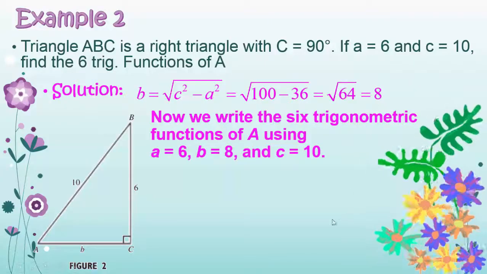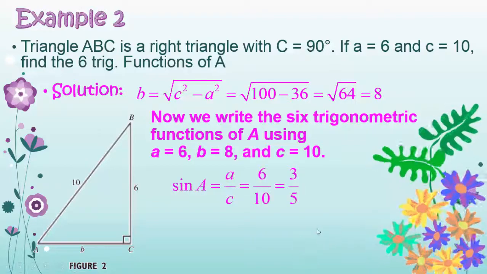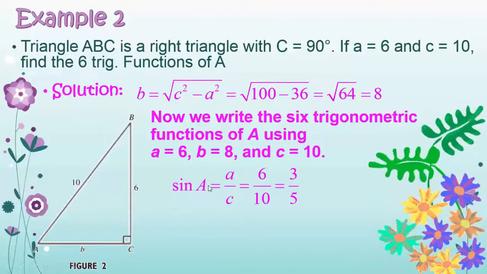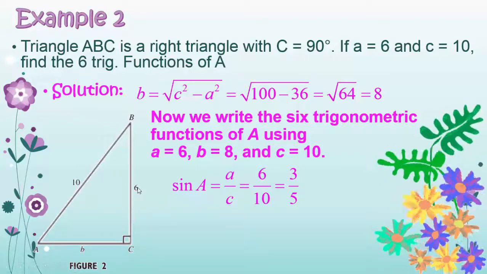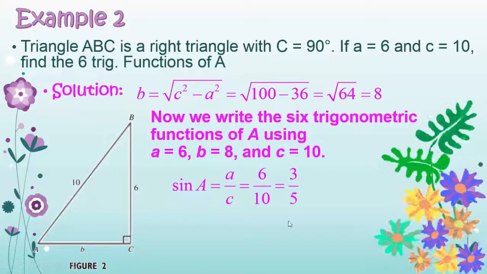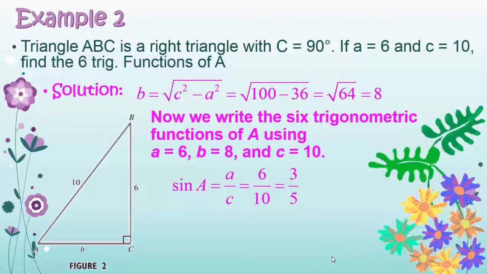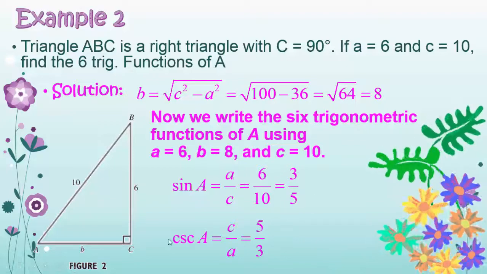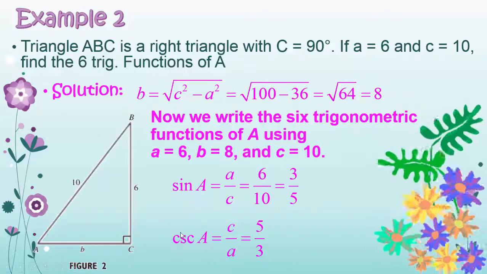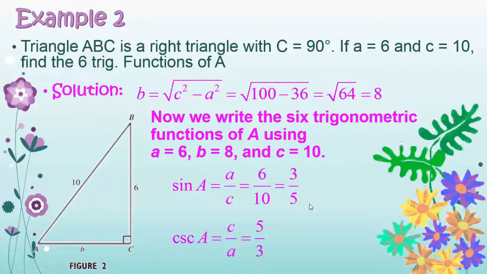So now we're going to look for the trigonometric functions. I'll do the first one completely: the sine of A, as we said, is going to be opposite over hypotenuse, so that's 6 over 10, and then I'll reduce it to 3 over 5 just for the heck of it. And if we're going to do its inverse, its reciprocal is cosecant A, and all we have to do is turn this upside down.